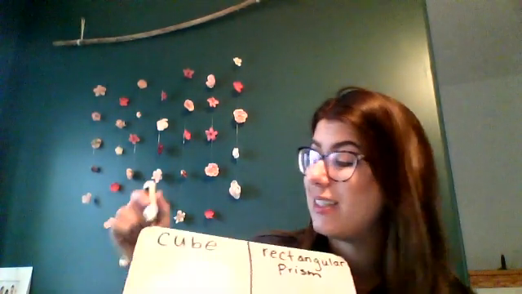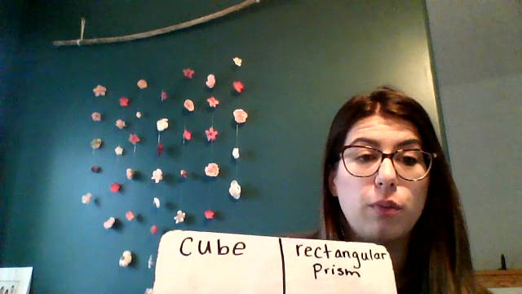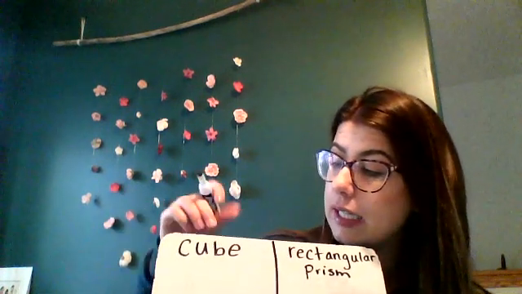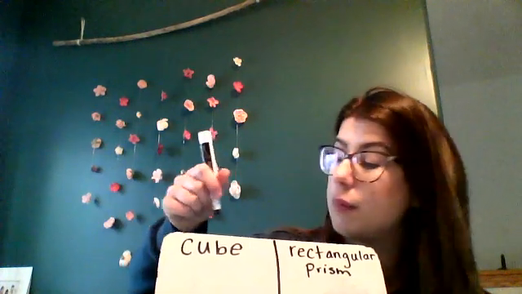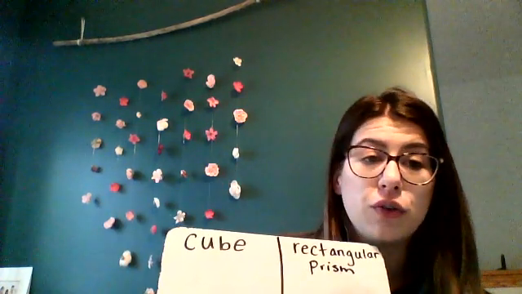So cube is with a C-U. I see lots of people spelling cube wrong. C-U-B-E. It is a magic E word, making that U say U, and then we have our C, okay? Cube.